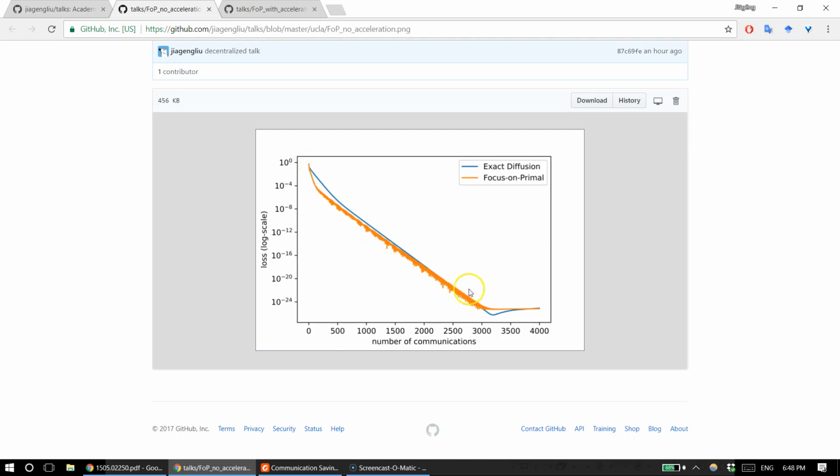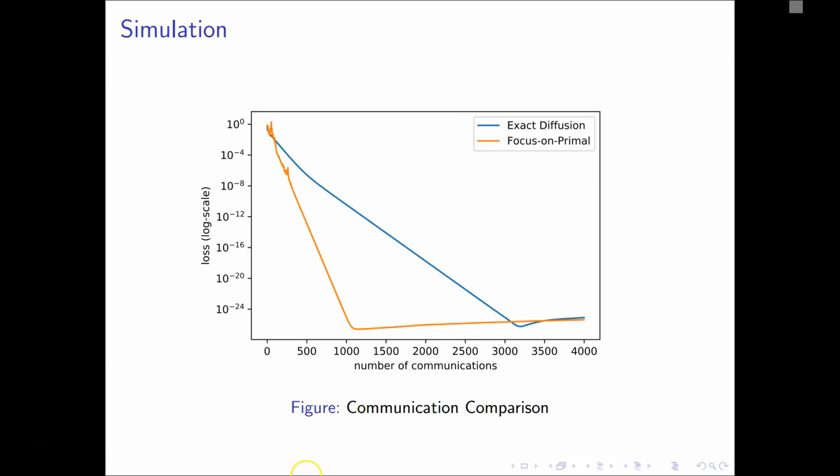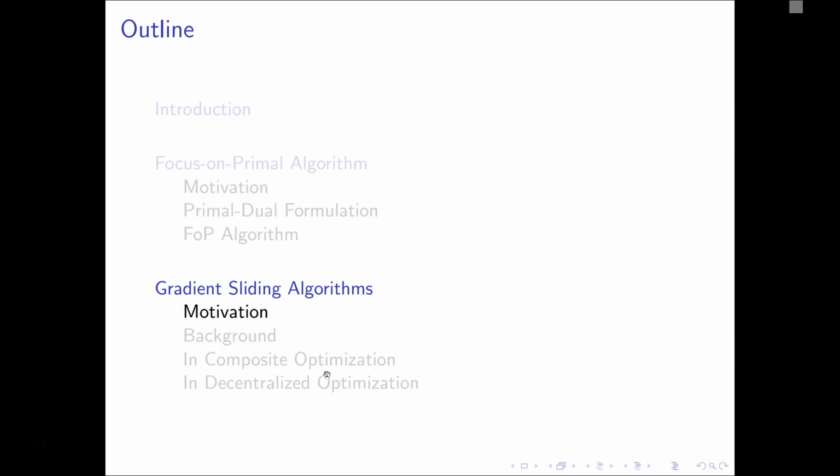It's essentially as fast as exact diffusion, with absolutely no improvement. Also, it wiggles a lot because you're not doing primal updates as you are expected to do. So it's pretty bad if you don't have the acceleration. That's my whole point about this acceleration.